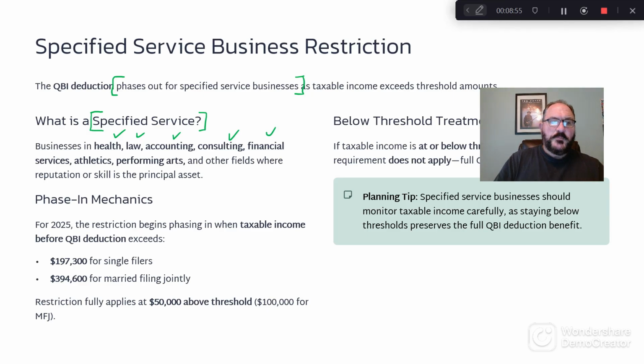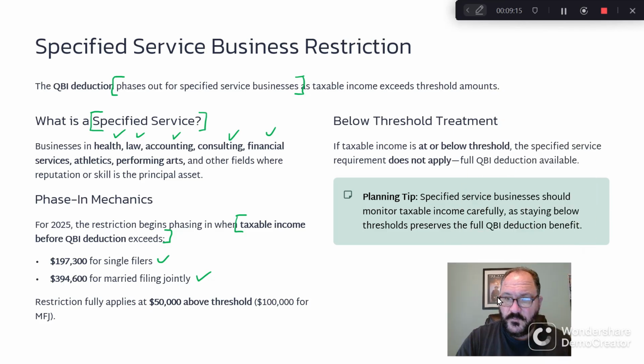There's a phase out when taxable income exceeds 197,000 for single, or 394,000 and change if you're married filing jointly. If taxable income is at or below the threshold, the restriction does not apply. You get the full QBI deduction, the full 20%.